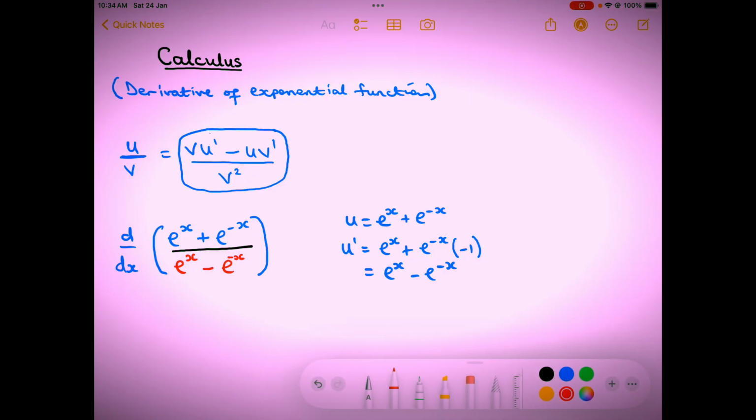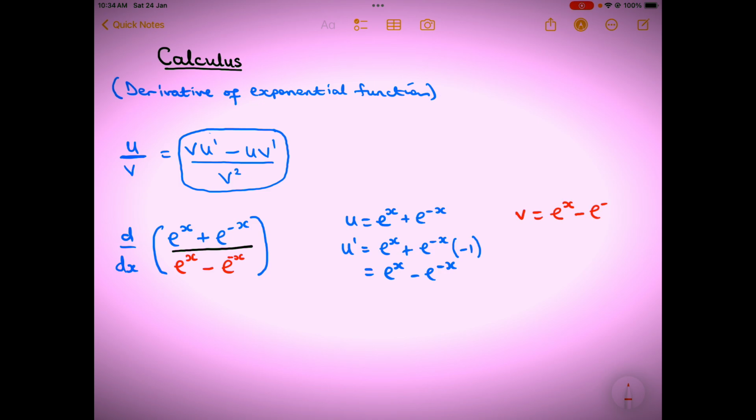Now let me also look for the v. The v is the denominator, so we have e to the power of x minus e to the power of minus x. So v prime, the derivative of v, gives me e to the power of x minus e to the power of minus x, everything here multiplied by minus 1.